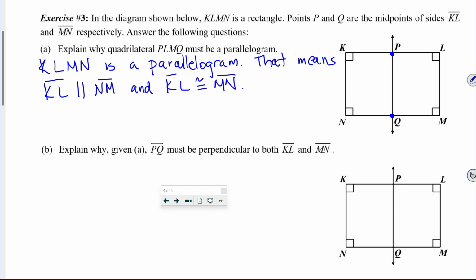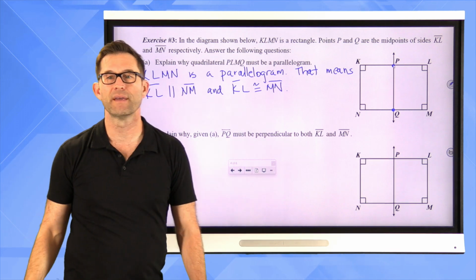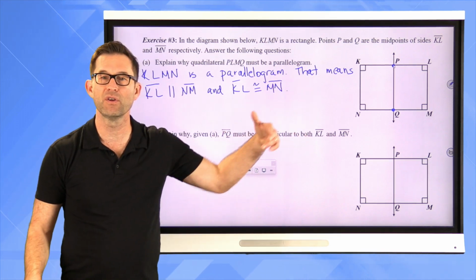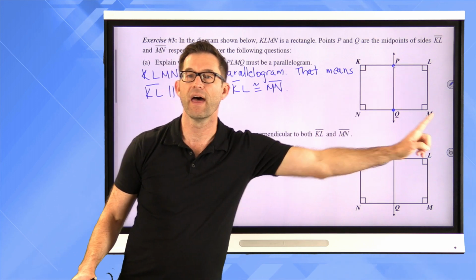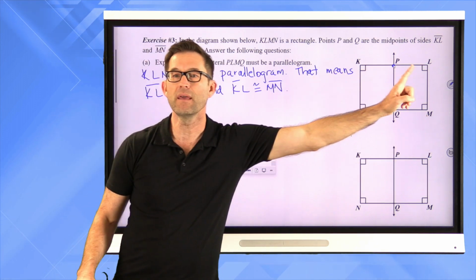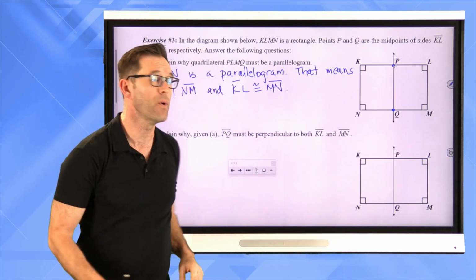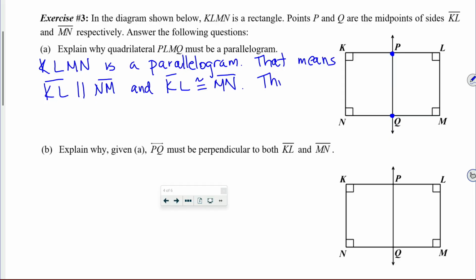Now you're probably saying to yourself, okay, great, but that doesn't help me with PLMQ. But if KL is parallel to NM, that means that PL must be parallel to QM.